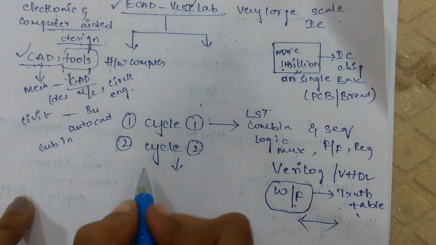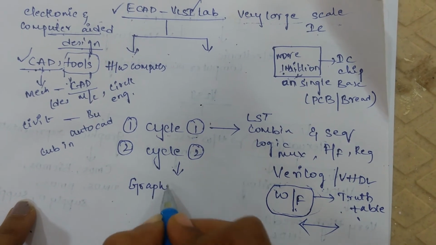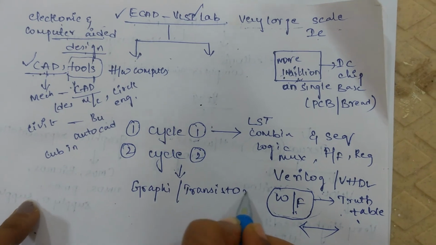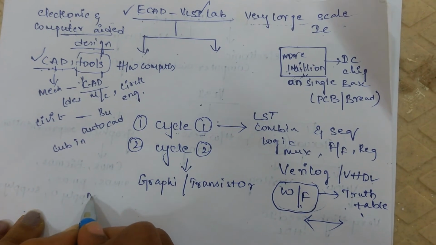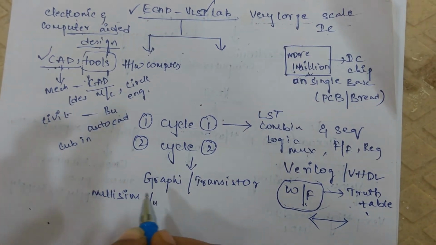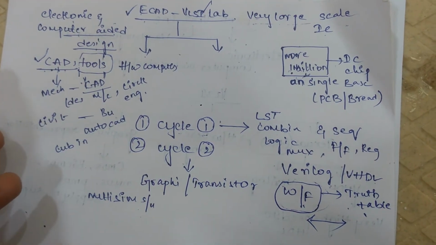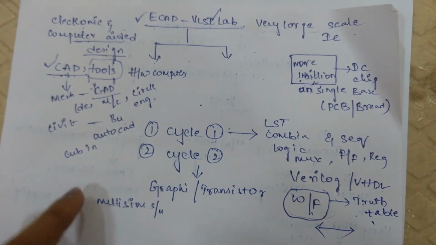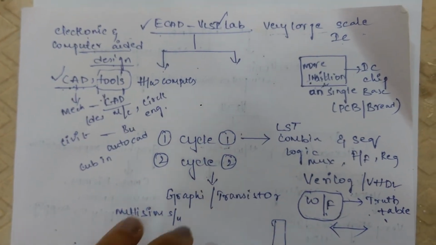Cycle 2 is completely a graphical representation or a transistor level representation. In your previous semesters, you are already aware of the Multisim software. You will have multiple transistors, resistors and inductors, many different types of components placed at one extreme corner of the tool.